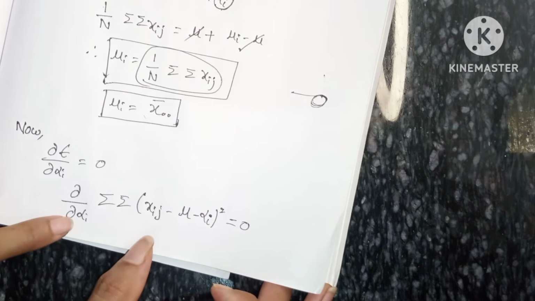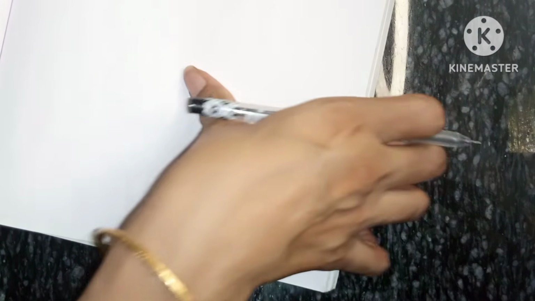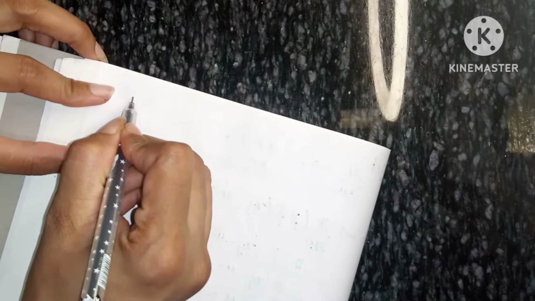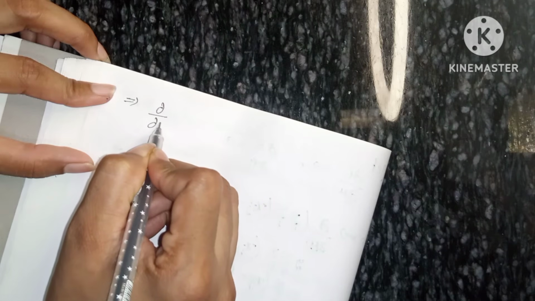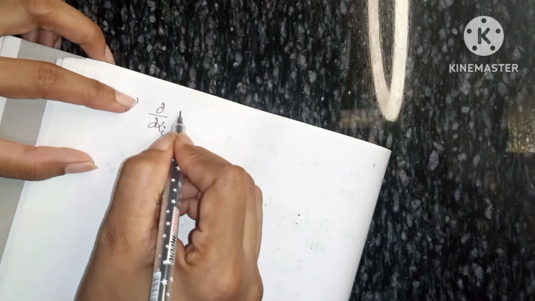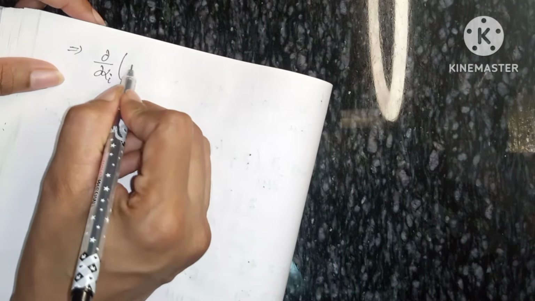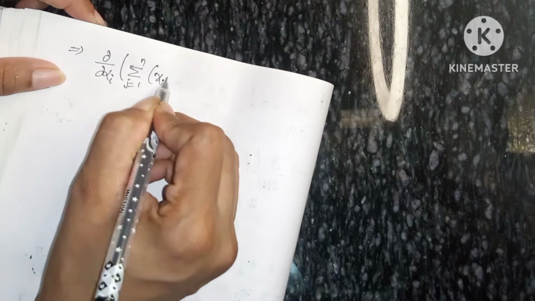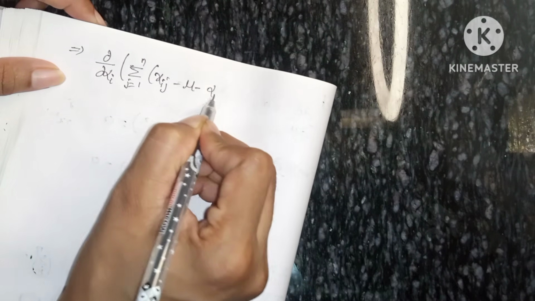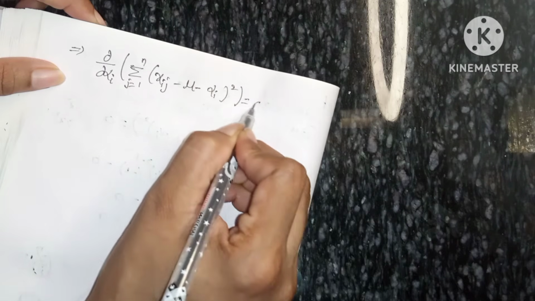Next we differentiate with respect to alpha I. Here I am going to write only one summation, j equals 1 to n, of xij minus mu minus alpha I whole square equals 0.